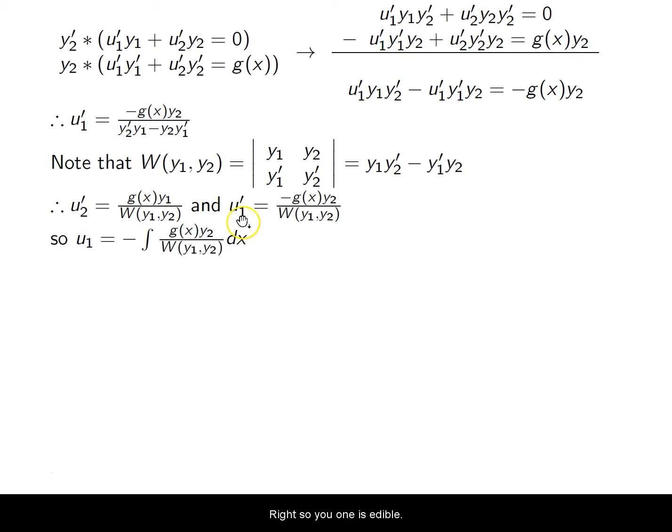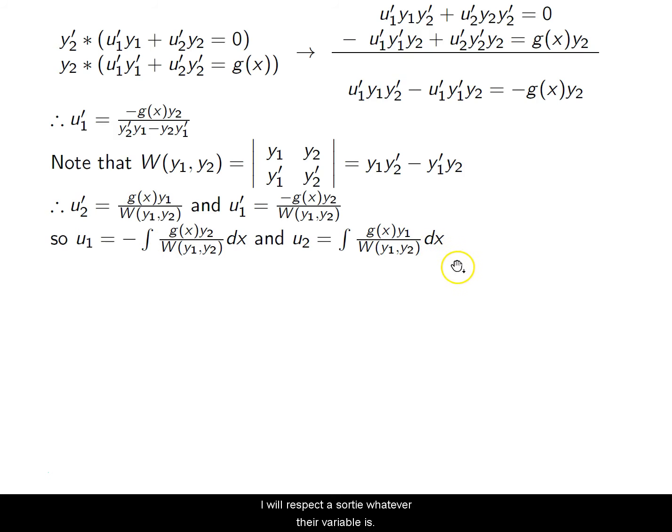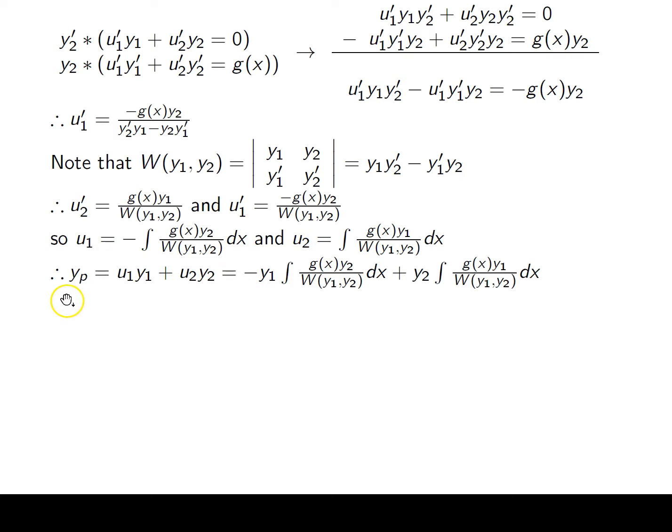So u1 is the integral of g of x times y2 over the Wronskian, and u2 is the same thing with y1. It's going to be the integral of this with respect to x or t, whatever the variable is. And my actual solution is y1 times u1 plus y2 times u2. So my particular solution is u1 y1 plus u2 y2, or this formula.